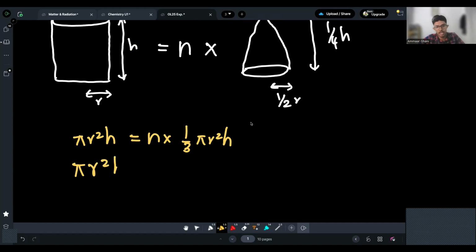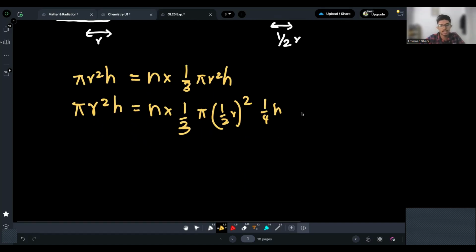So we have pi r squared h over here and n number of 1/3 pi, and in here r is not just r, it's half r. So we write half r squared and h is 1/4 h.